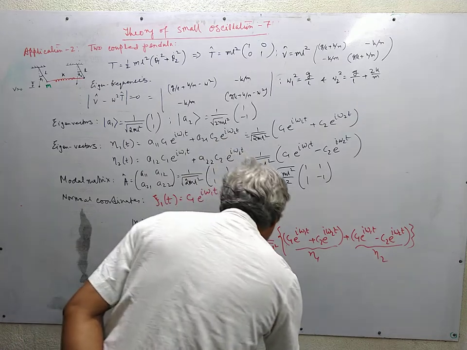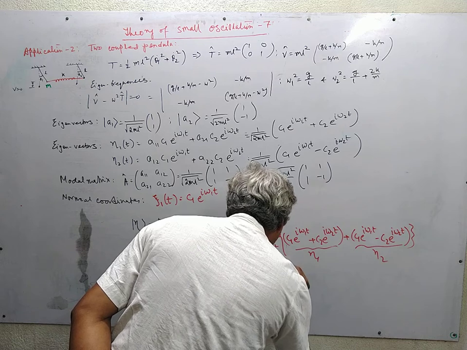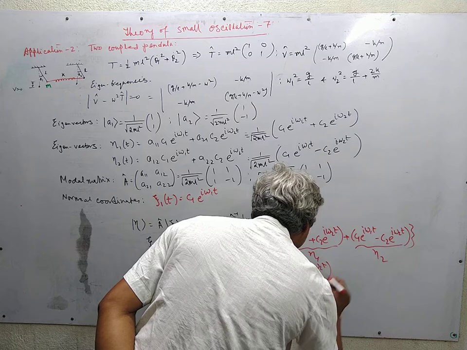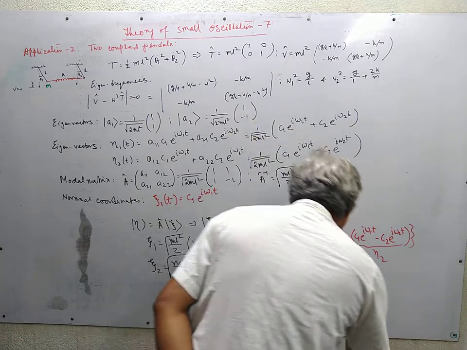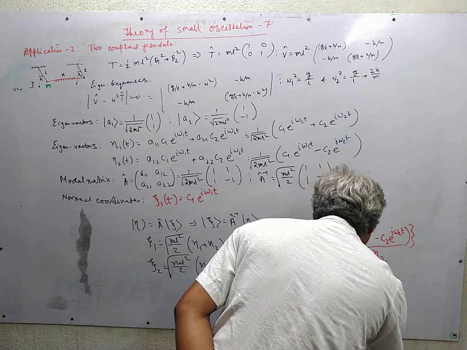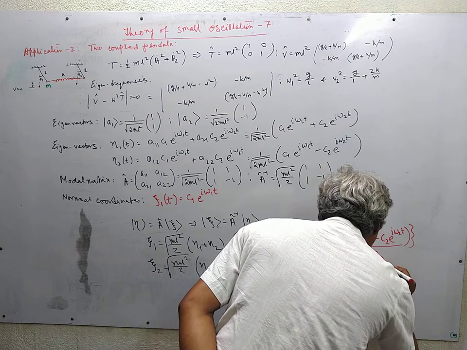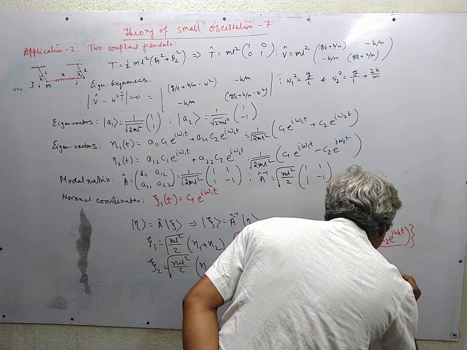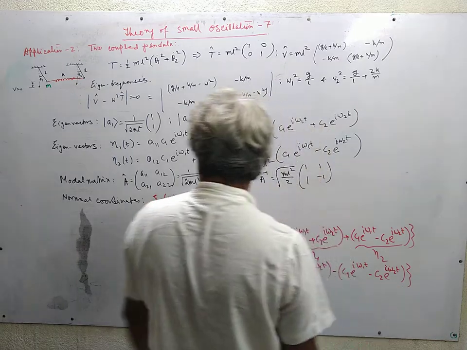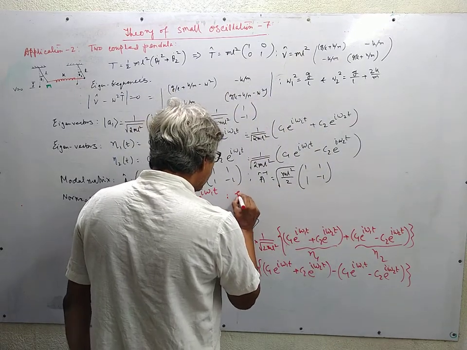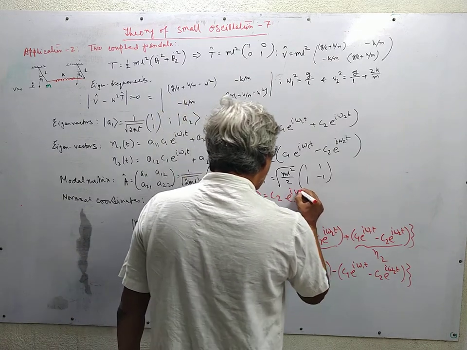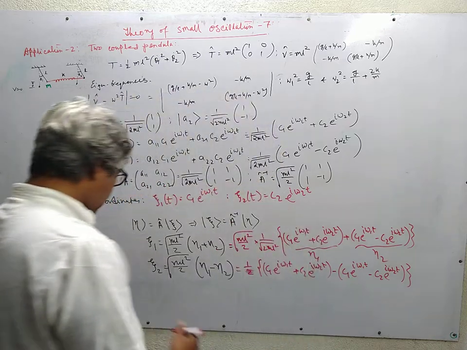Then we have c1 e to the power i omega 1 t plus c2 e to the power i omega 2 t, this is for eta 1, then minus c1 e to the power i omega 1 t minus c2 e to the power i omega 2 t. So this part cancels and this part survives, and we get xi 2 of t equal to c2 e to the power i omega 2 t. These are the normal coordinates.